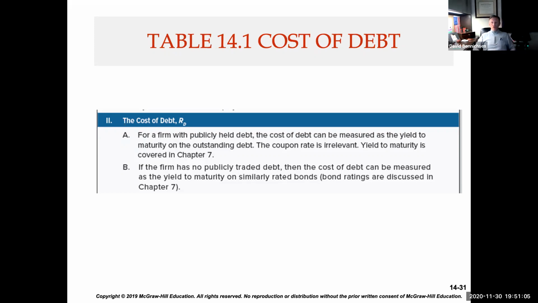If you work for a firm that doesn't have any debt, which is probably rare for the folks in this class, then you can go to Moody's and Standard & Poor's and look at what the cost of debt is on average for particular rated companies in the market.